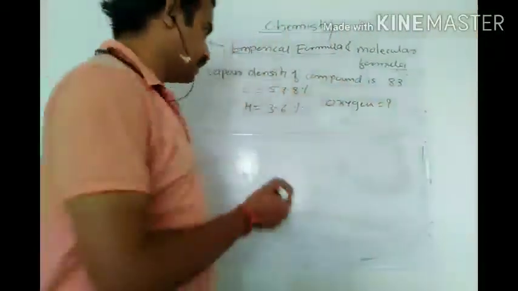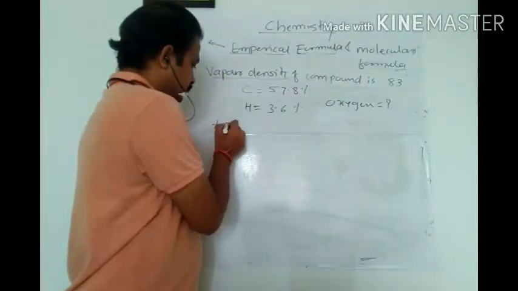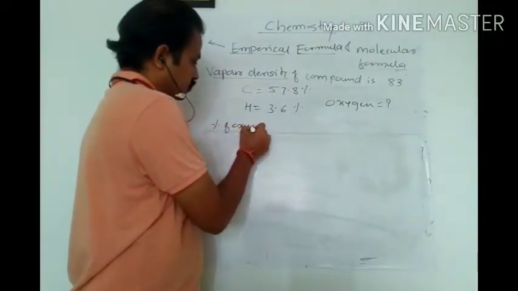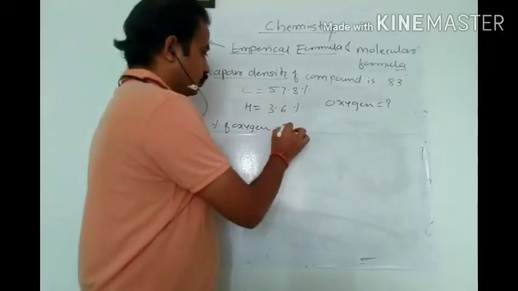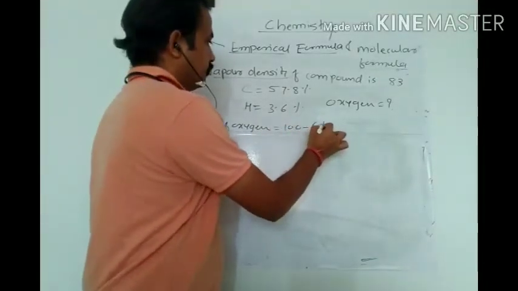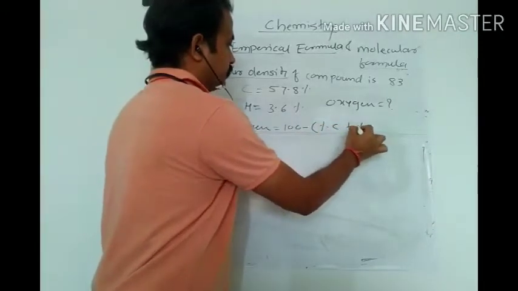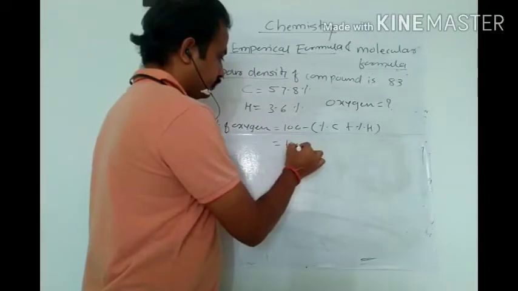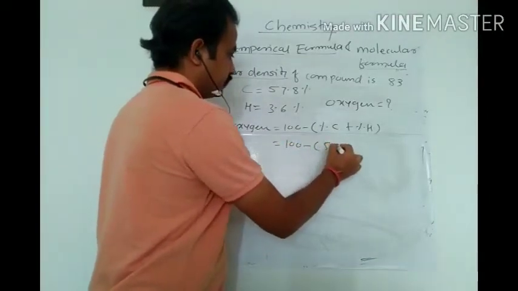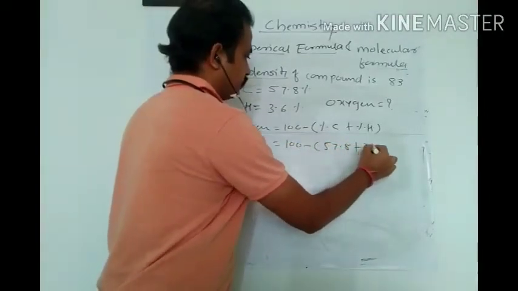So simply, percentage of oxygen is equal to 100 minus percentage of carbon plus percentage of hydrogen. So it becomes 100 minus, it is given as 57.8 plus 3.6.